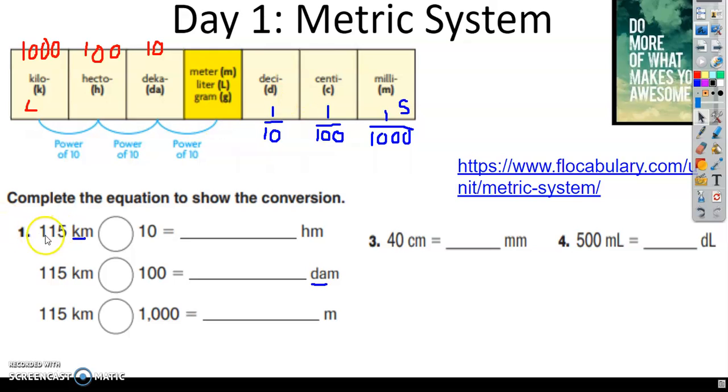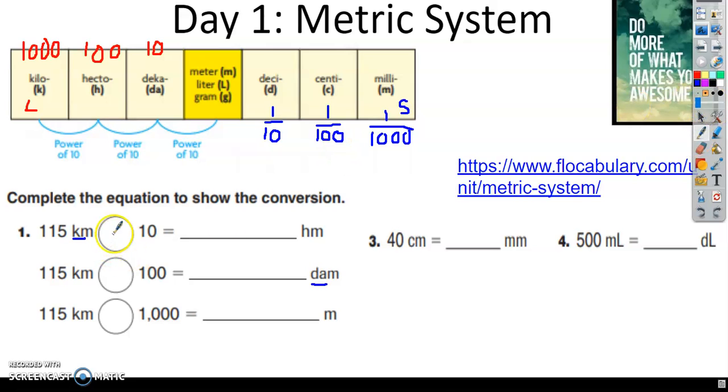So if I have 115 kilometers, think about that, 115 kilometers. Kilometers is 10 times larger than hectometers, which is what we're trying to get to. So if kilometers is 10 times larger, that just means I have to multiply by 10 to get hectometers.